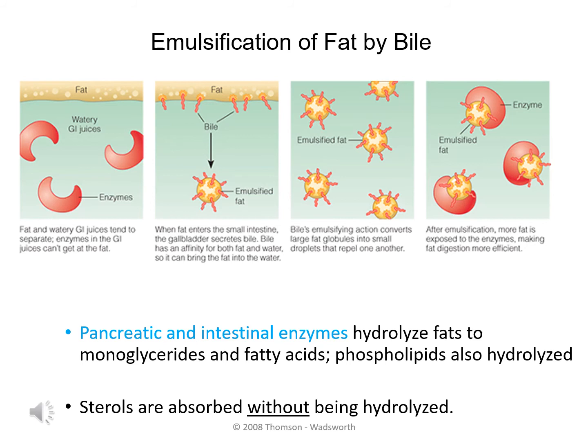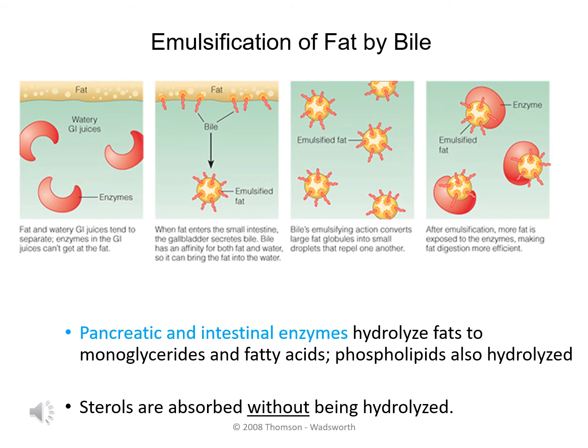When the fat enters the small intestine, the gallbladder is going to release bile, allowing it to emulsify the fat. As an emulsifier, bile has an affinity for both the fat as well as the water, so it can bring together the two, allowing the enzymes to start the digestion process.